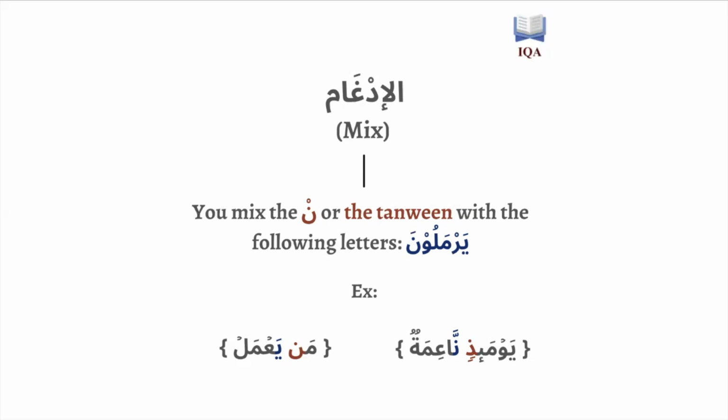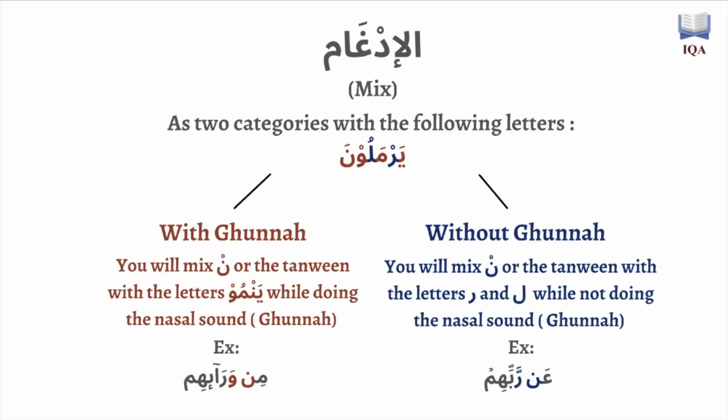Now, al-idgham has two categories, or two types. The red letters are with ghunna, and the blue letters are without ghunna. Ghunna is the nasal sound that comes from your nose when you're saying the noon or the tanween.